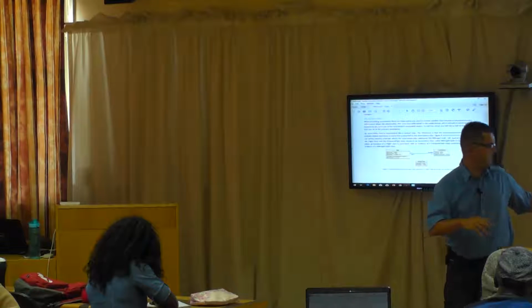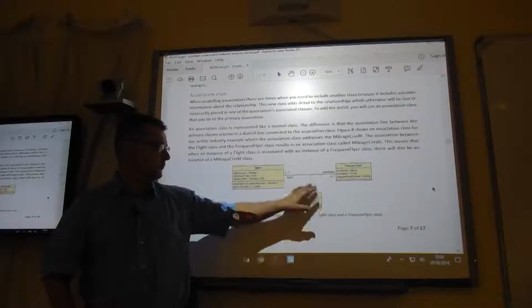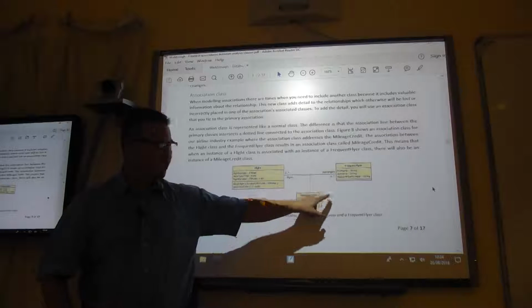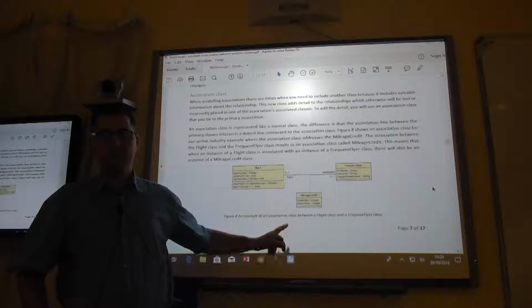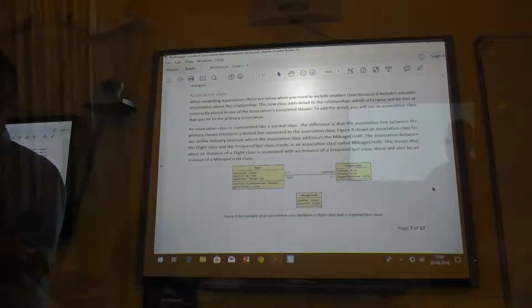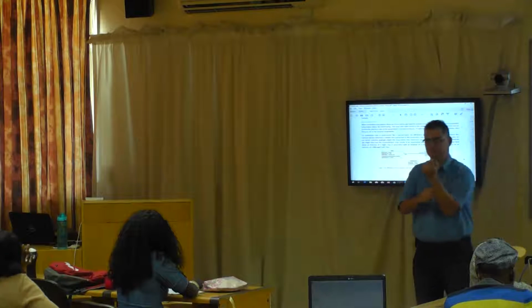Initially it may just be indicated like this. But the information which we have here does not really belong in either one of the two classes. So it will be placed in a class which describes the relationship, the association.